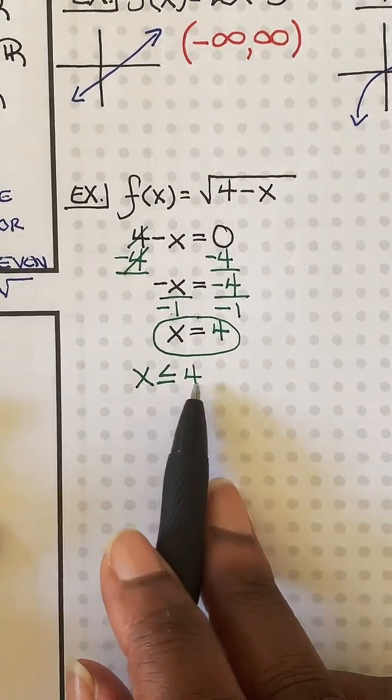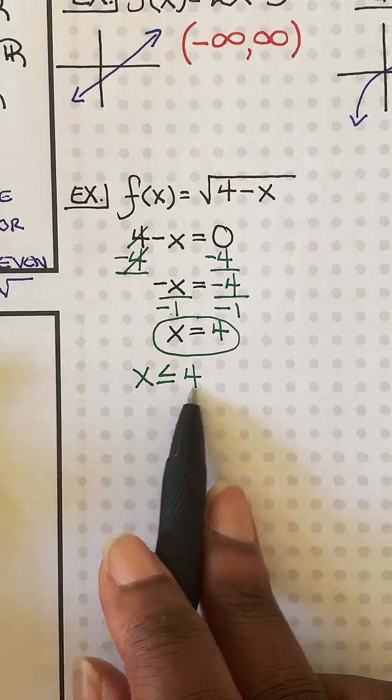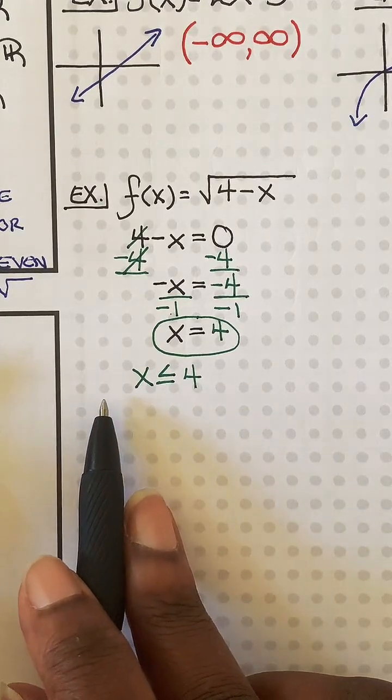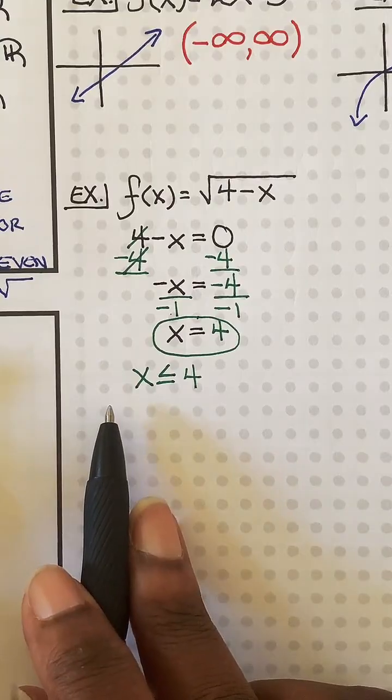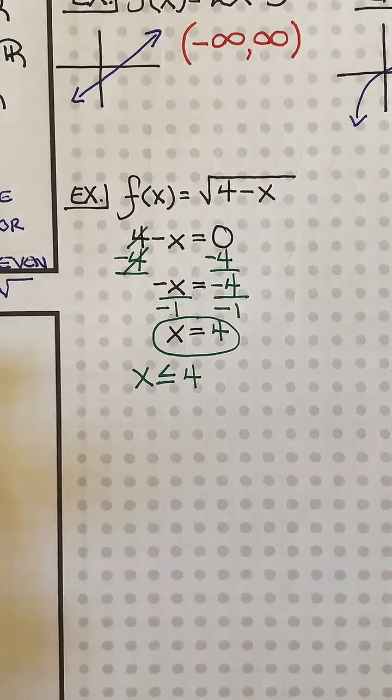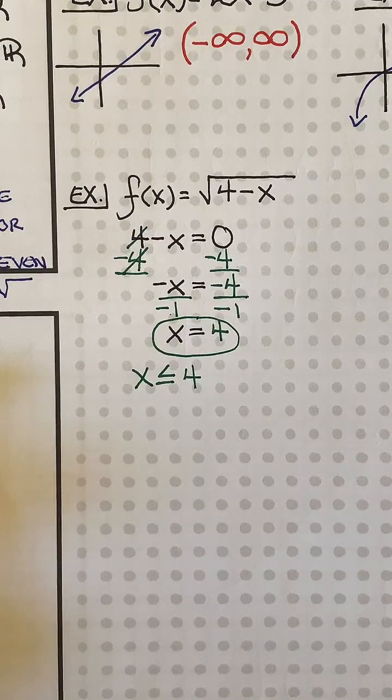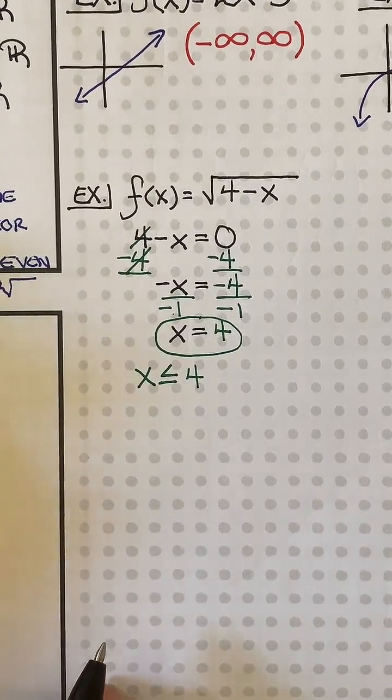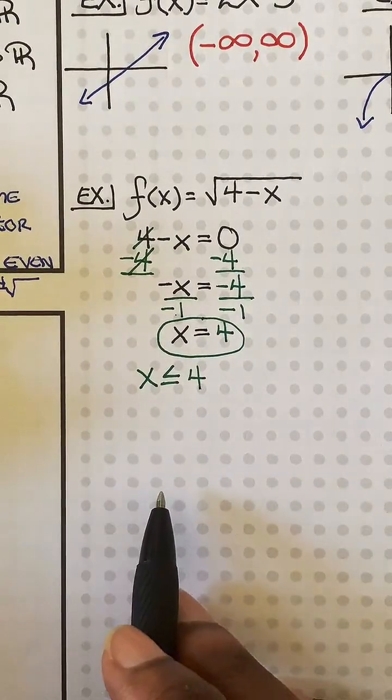So I can use from 4 all the way to what? I used 3 as the first thing I did. Okay, there it is. All the way to negative infinity.